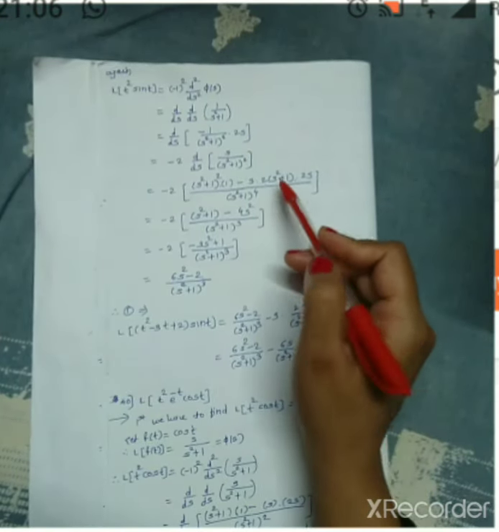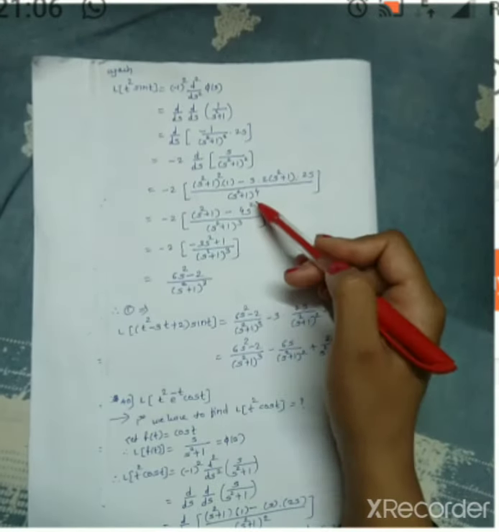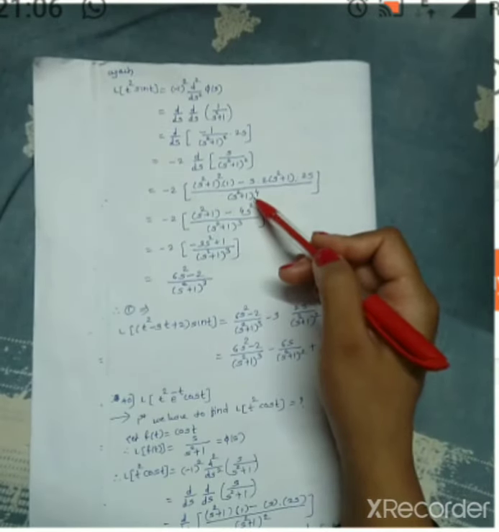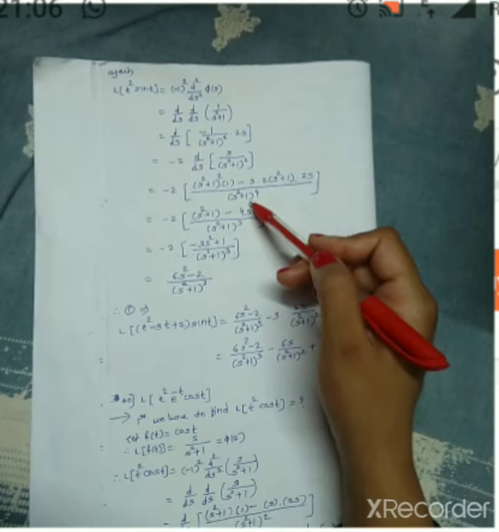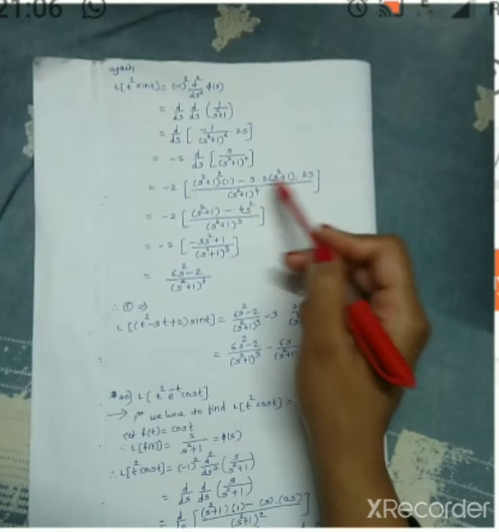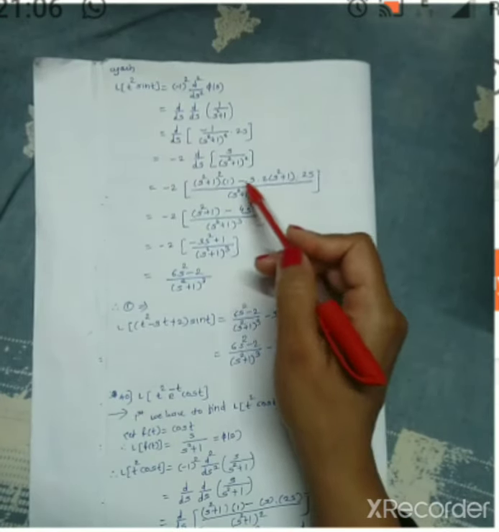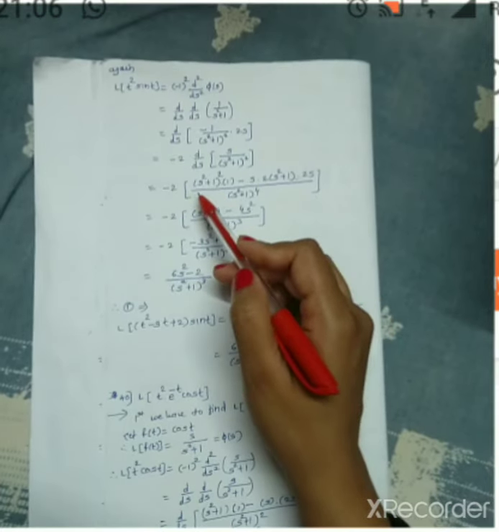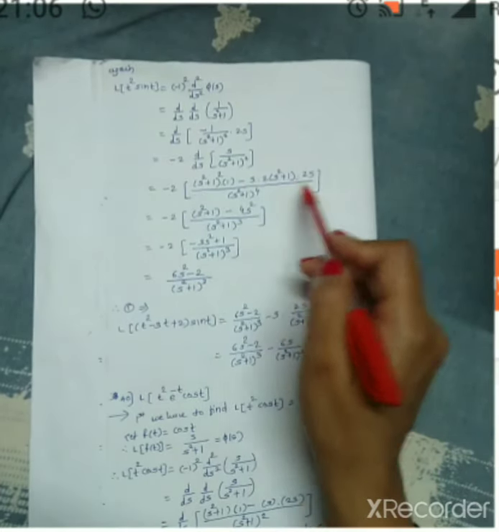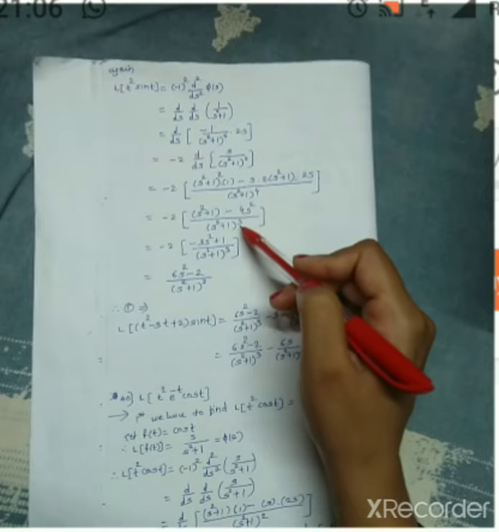Now take common from the numerator s square plus 1 bracket and cancel it with one bracket in the denominator. What we get here is s square plus 1 bracket minus 2 into 2, that is 4s into s, and this term already gets cancelled. We cancelled already, divided by 1 s square plus 1 gets cancelled from this denominator, so we get cube.